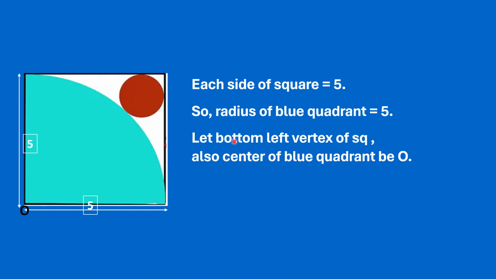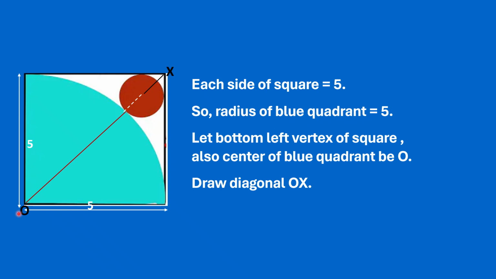So let the bottom left vertex of the square, also the center of the blue quadrant, be O. So from O, horizontally and vertically, the radius of the quadrant and also the side of the square is equal to 5 units. So we got the radius of the blue quadrant equal to 5, and O is the center of the quadrant.